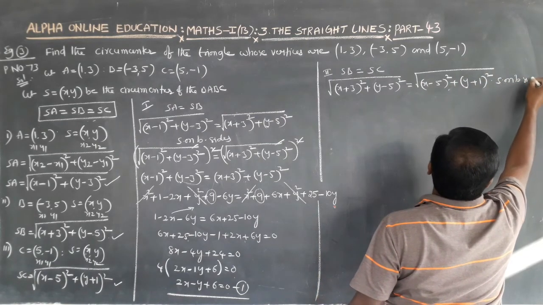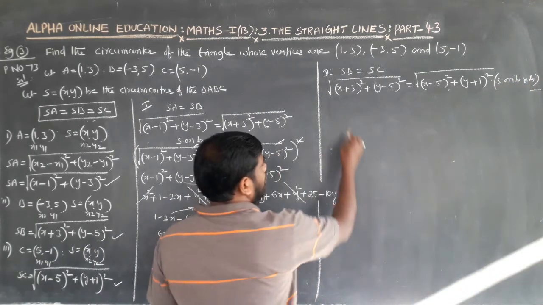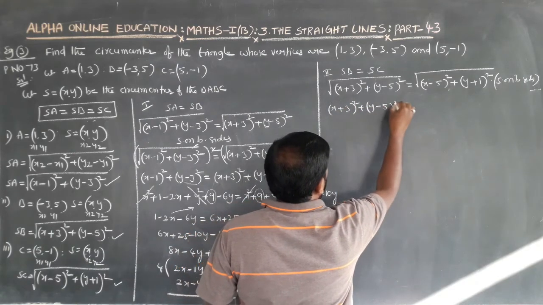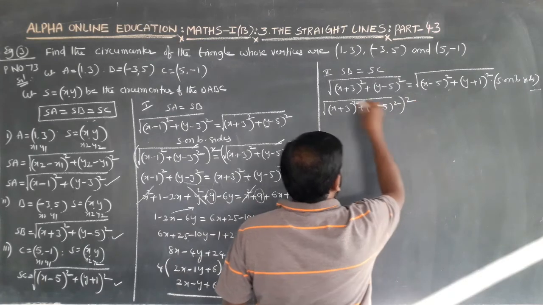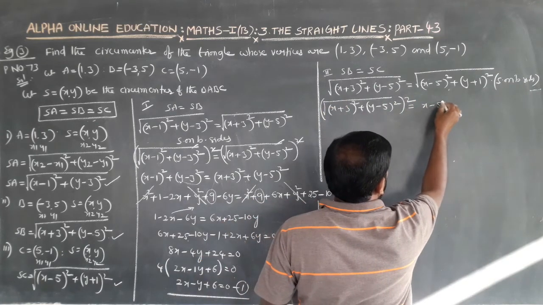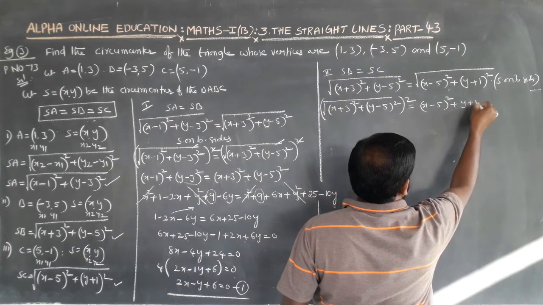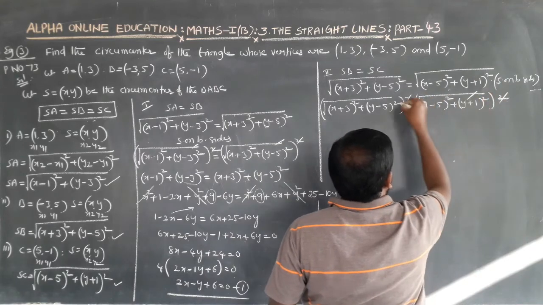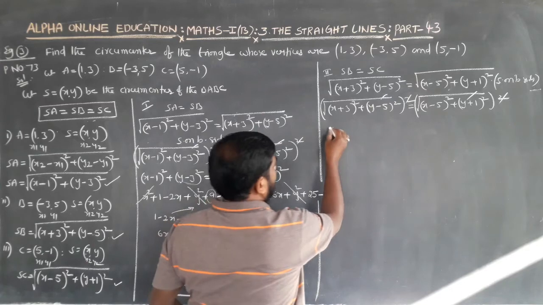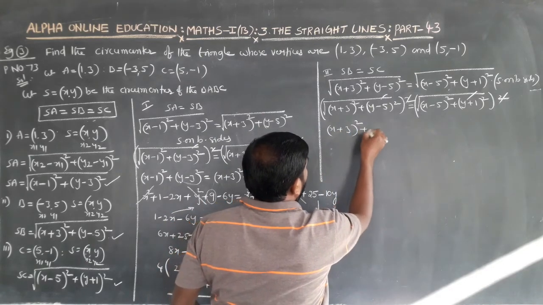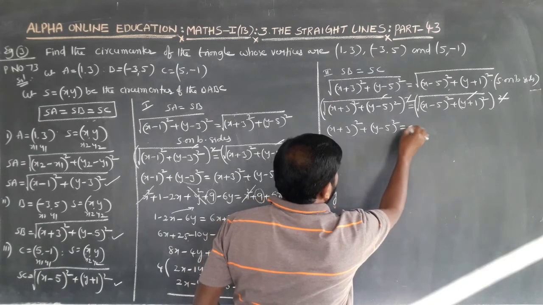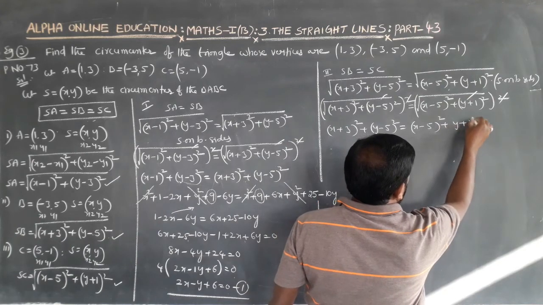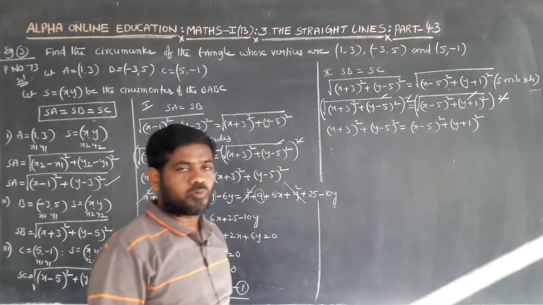Squaring on both sides. The square roots cancel. (x plus 3) whole square plus (y minus 5) whole square is equal to (x minus 5) whole square plus (y plus 1) whole square.